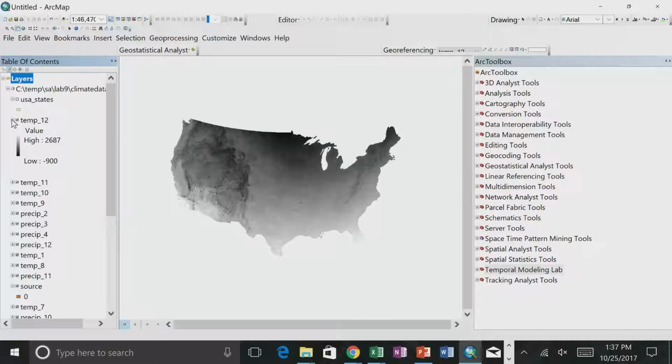It is in degrees times 10. And it's in Celsius. So it's 26.87, or is that times 100, I guess. Temperature times 100. So 26.87 is the highest average December temperature value.